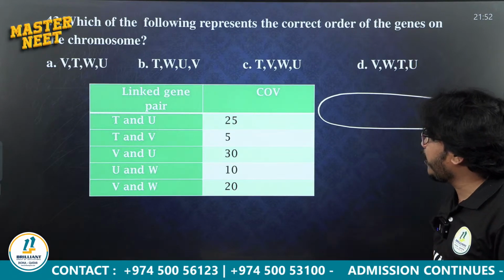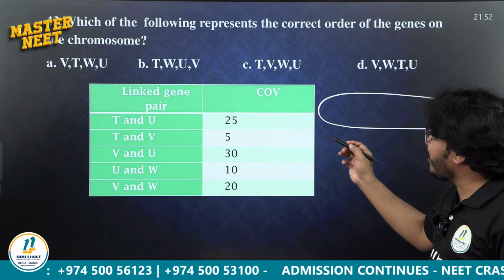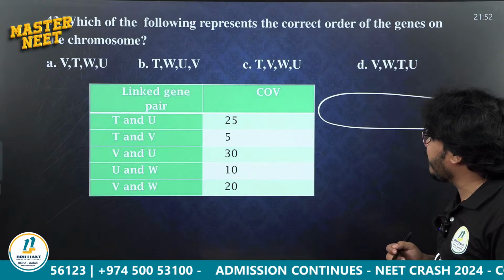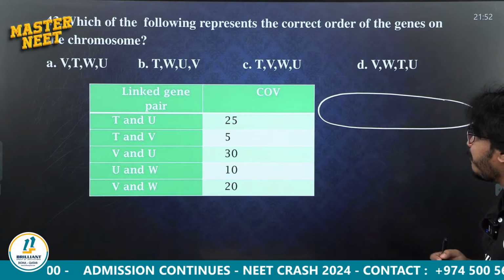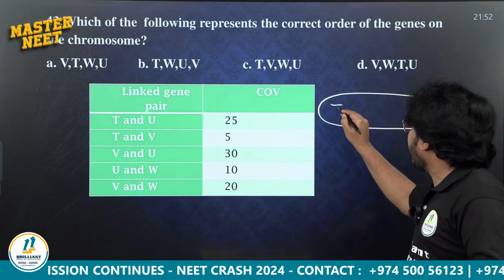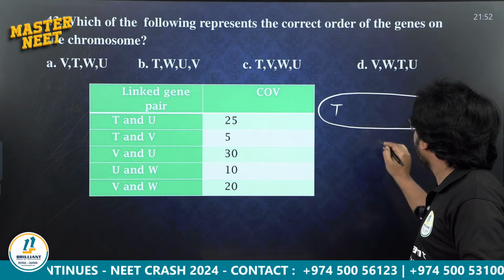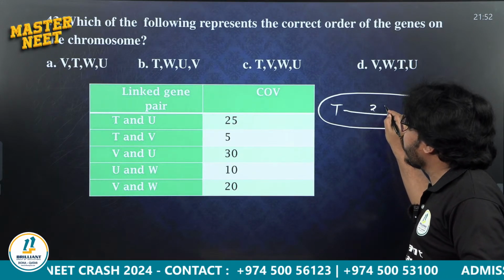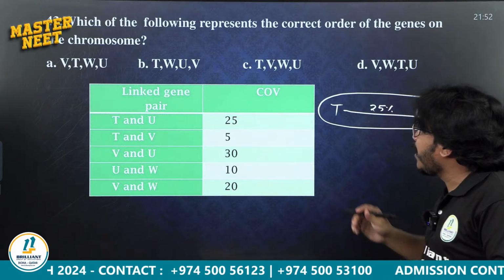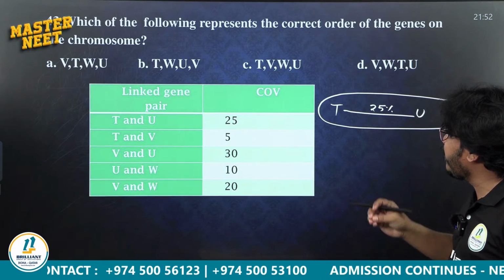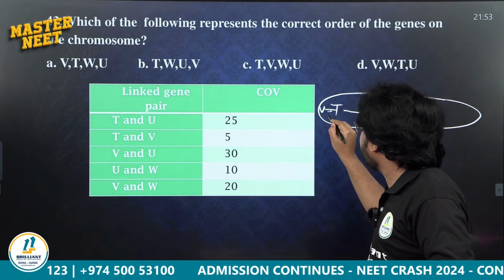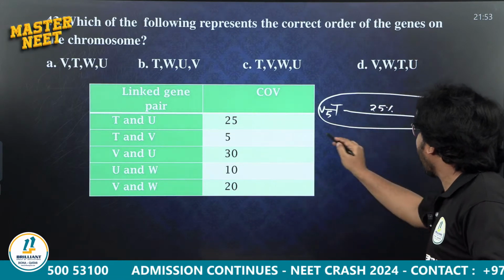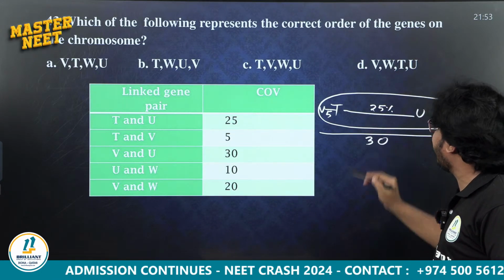If I take T and U, the distance between them is 25 map units. T and V is 5, and V and U is 30.